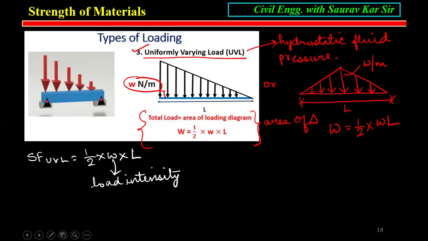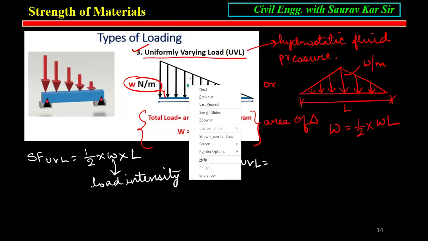Now coming to the CG, we have to find out the CG also for the bending moment. For the bending moment, first we have to understand the CG point. All of you should know this. I will teach you in the CG chapter also, CG and moment of inertia.